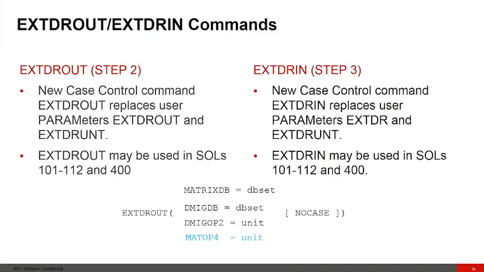We have also added the EXTDRIN case control command to replace the other parameters that you can see here. And these can be used in Solution 101 through 112 and Solve 400. Additionally, we have added the capability to do the data recovery for the OP4. Before, we used to only have the XDB, DMIG, and OP2, but now we support data recovery in the OP4.